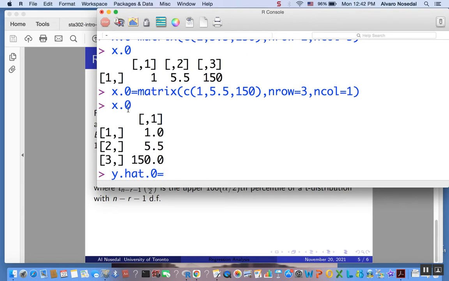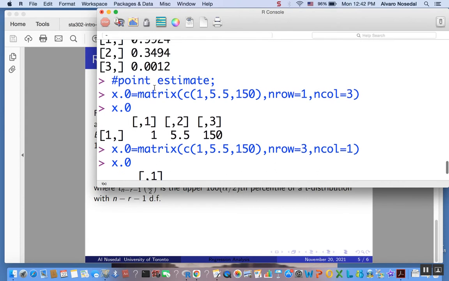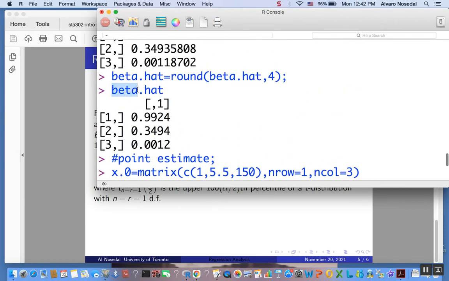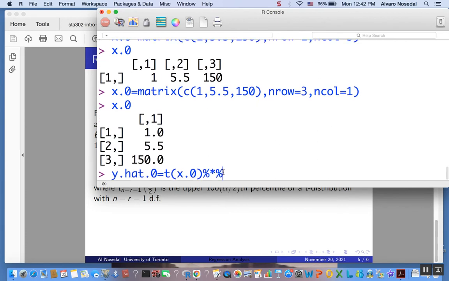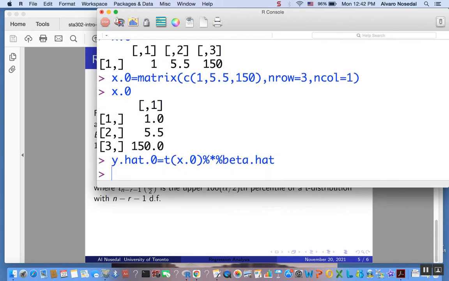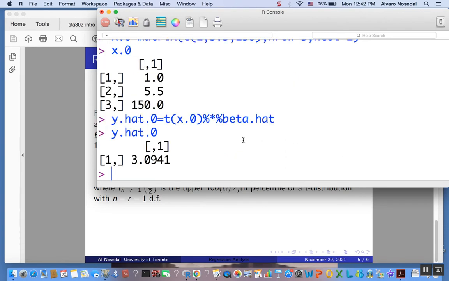So what we want is the transpose of x0 times beta hat, our beta hat here. Let's take a look at it. Okay, no problem.